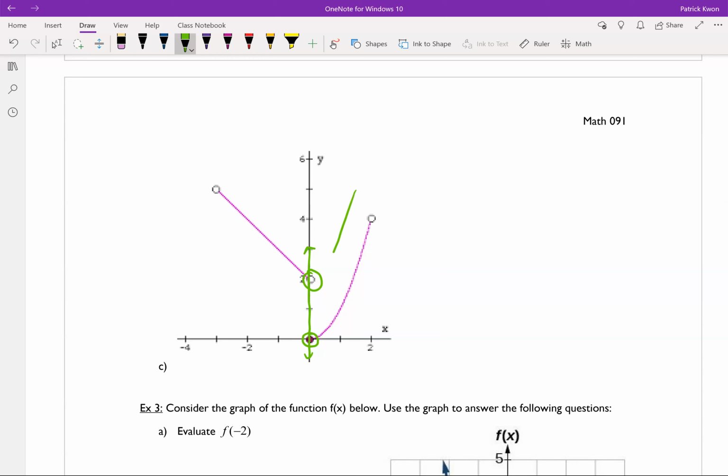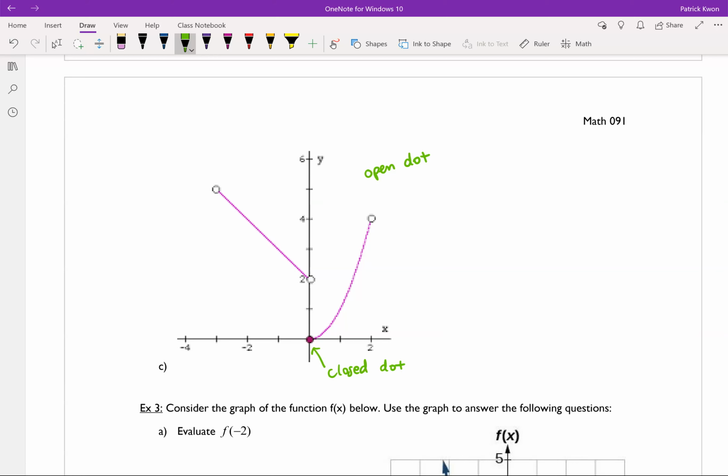Well, I want you to notice that this upper point has an open dot, which indicates that our graph is not covered at that point. And because the lower point is right here with a closed dot, that is part of our graph.